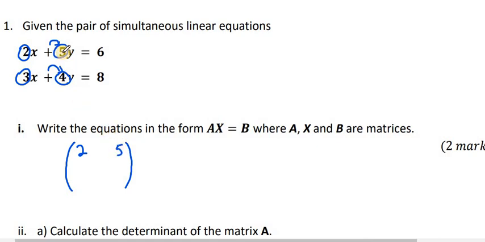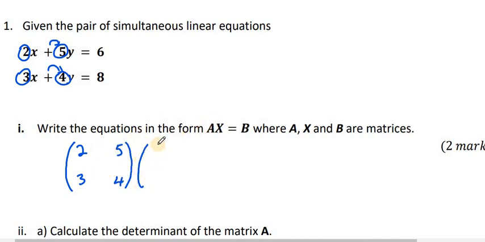If you had a minus 5y, we would have put it as negative 5. Now we put a 3 here. This plus goes with the 4 as positive, but we just simply write positive 4 there. So 2, 5, 3, and 4 are the coefficients, and those go into the coefficient matrix.